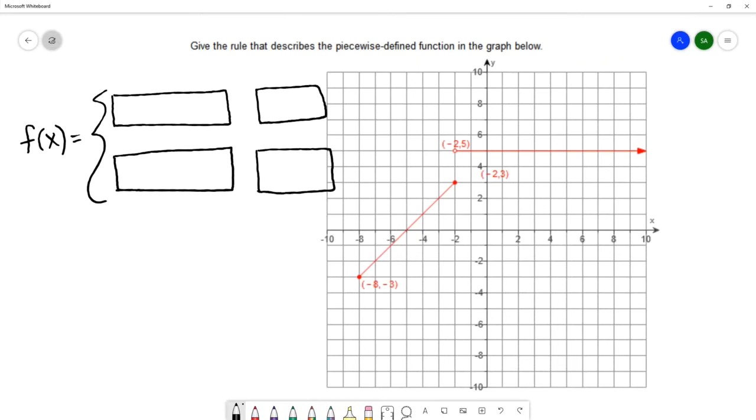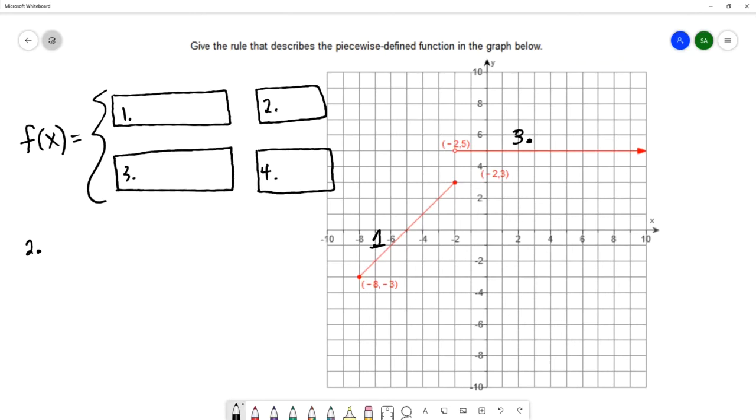So let's label these boxes with 1, 2, 3, 4, and I'm going to fill out boxes 2 and 4 first because we can easily recognize the conditions. So let's label this one with equation 1 and this one with equation 3 there.